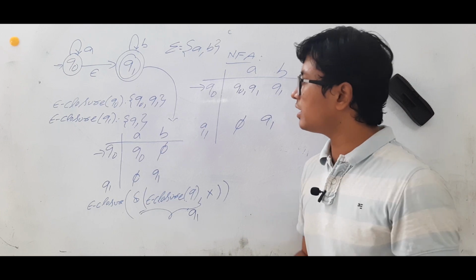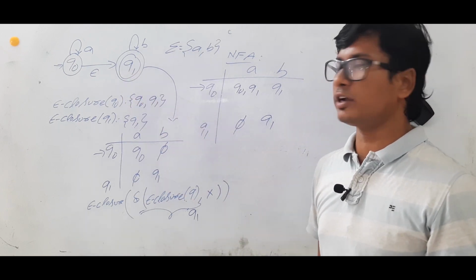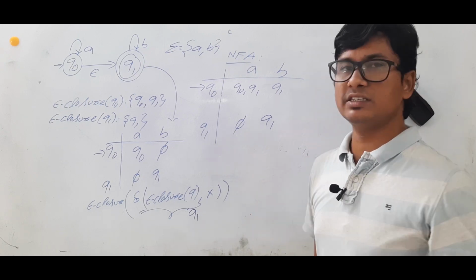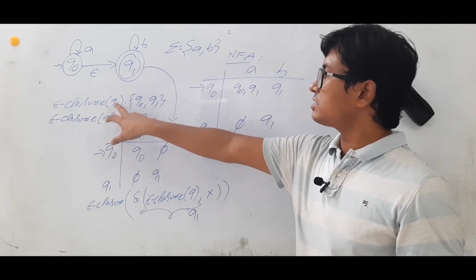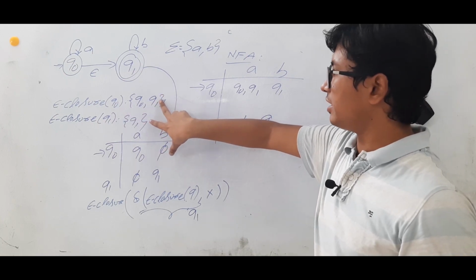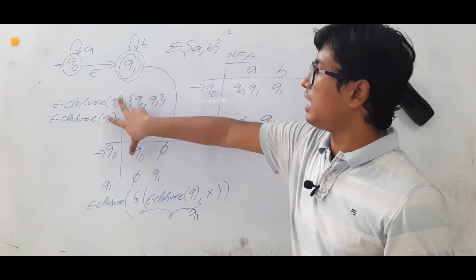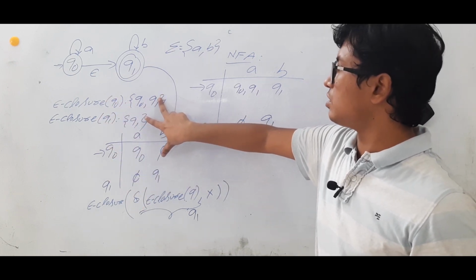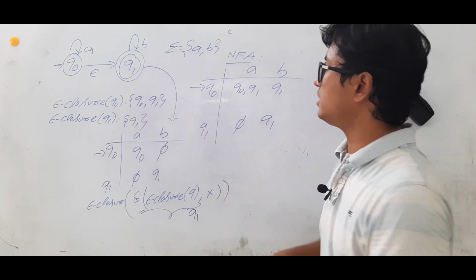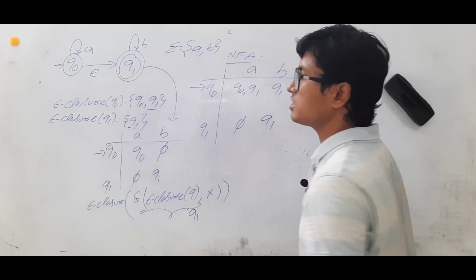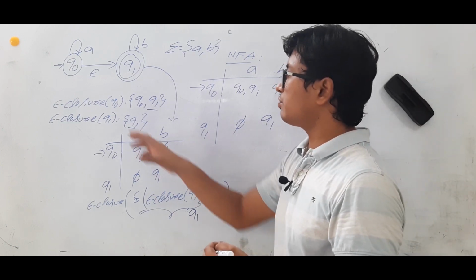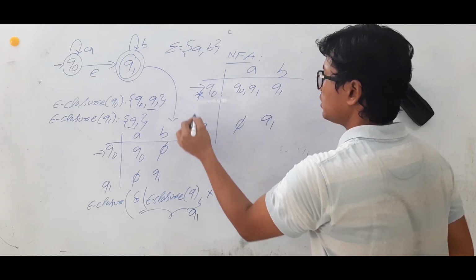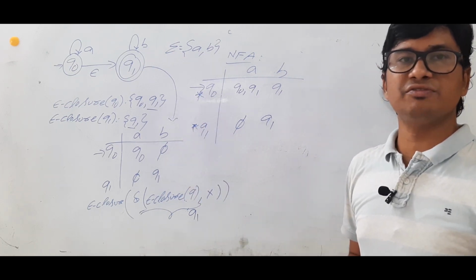If you remember, the final state in the given epsilon NFA is Q1. In the epsilon closure of Q0 and Q1, which states consist of a final state? Q1 is the final state, and it is there in both. So both epsilon closure of Q0 and Q1 have the final state. So here Q0 and Q1 both will act as final states.